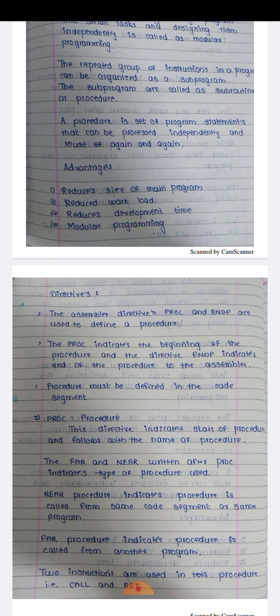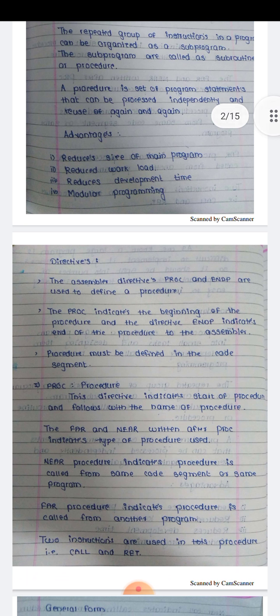As I taught you in the first chapter, the 8086 operates in two modes, that is maximum mode and minimum mode, right? If it is doing the operation inside, within the processor, then it uses minimum mode. If the processor is doing the programming with other external devices, then it uses maximum mode, right?